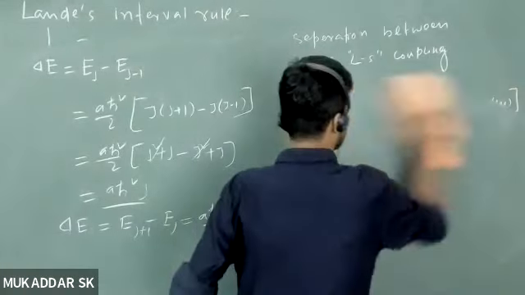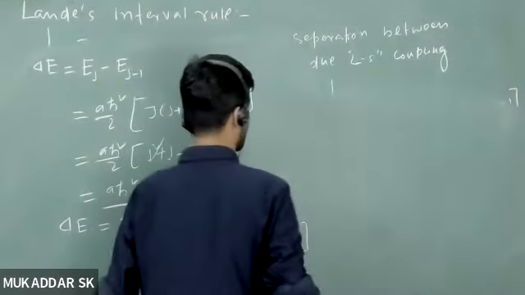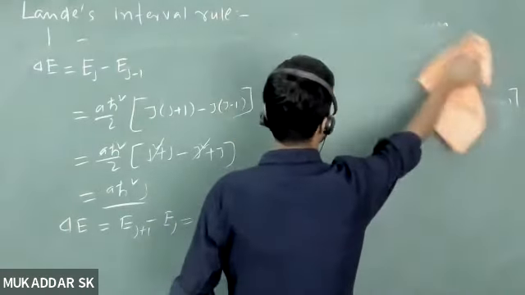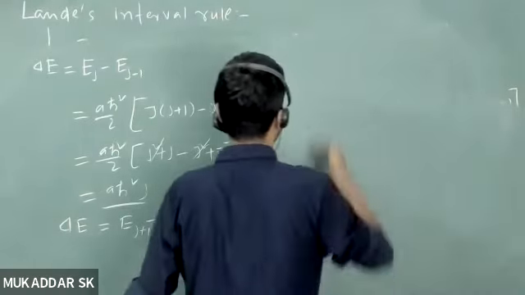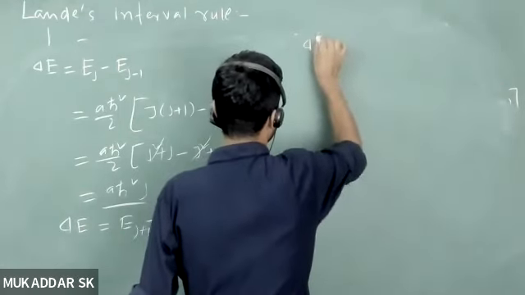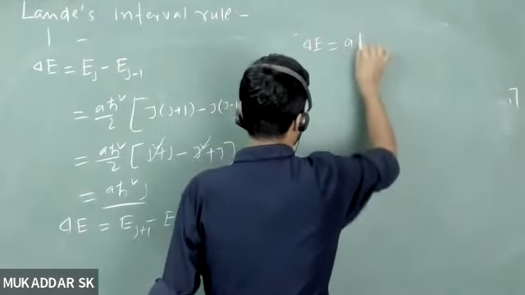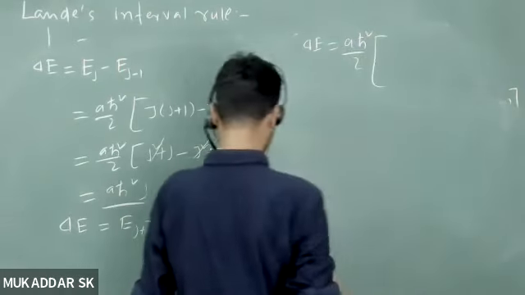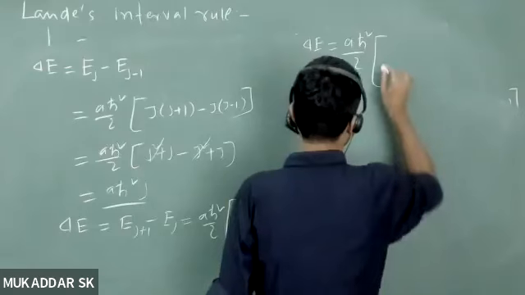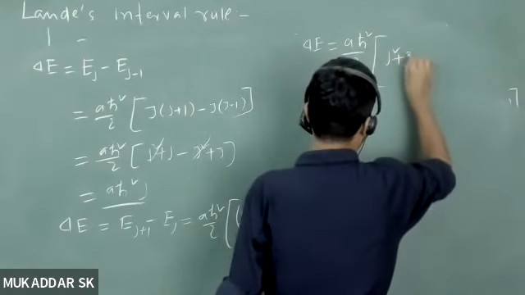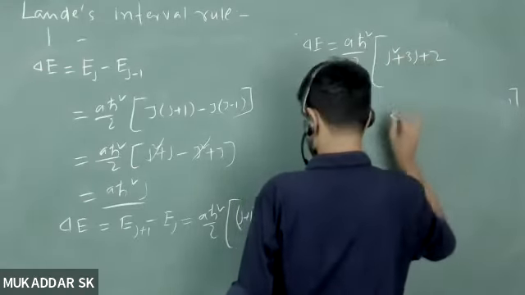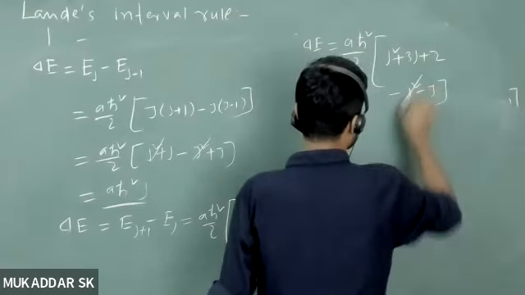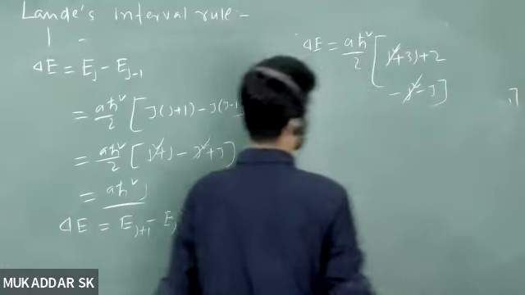Which means delta E will be A h-cross square by 2 times J square plus 3J plus 2, and minus J square minus J. J square will be cancelled, right?